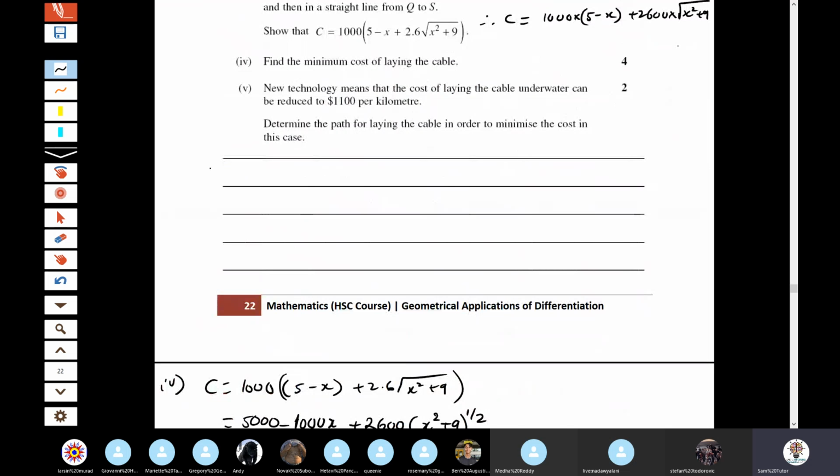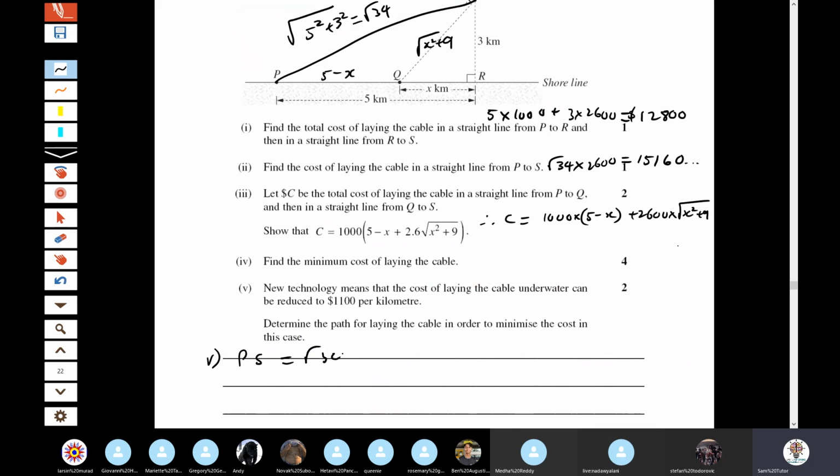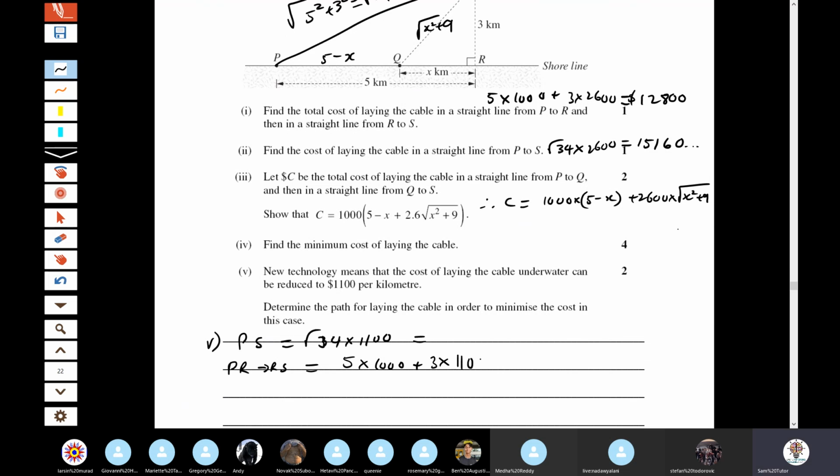PS was root 34 times 1,100. Then we had P to R, R to S. Now P to R was 5 times 1,000 plus 5 times 1,000 plus 3 times 1,100, because it's now 1,100, the same.